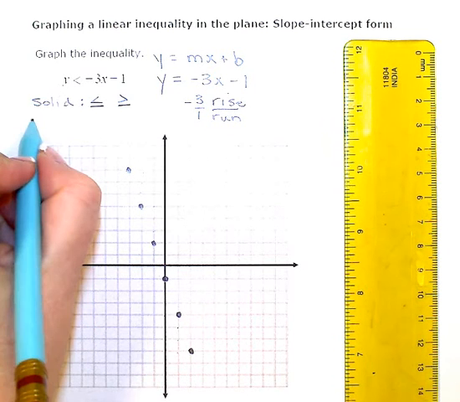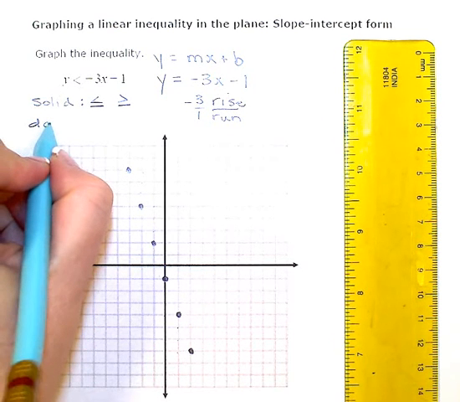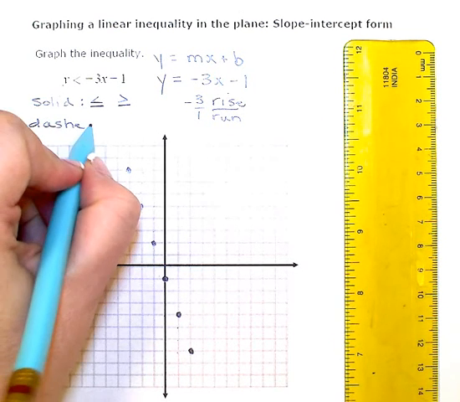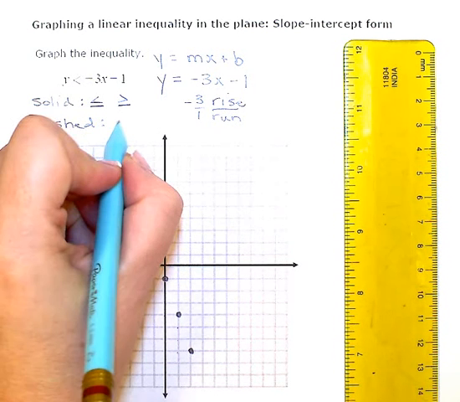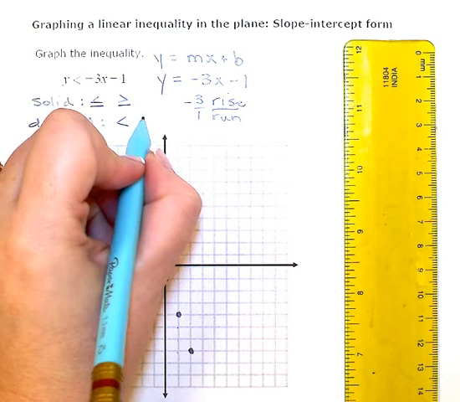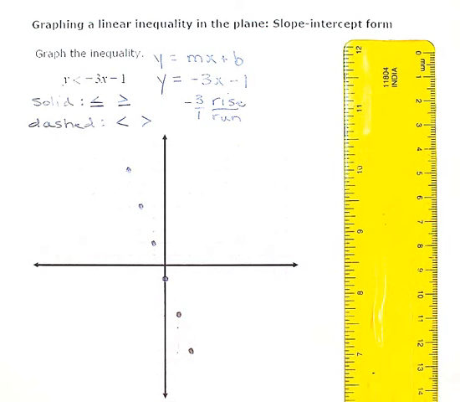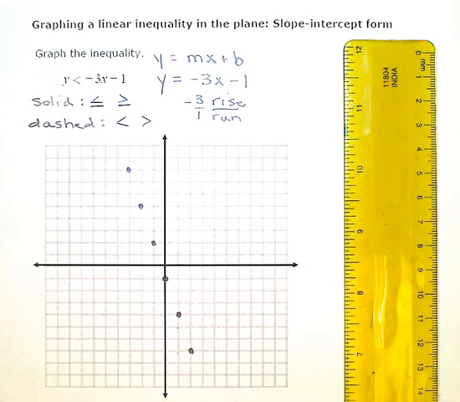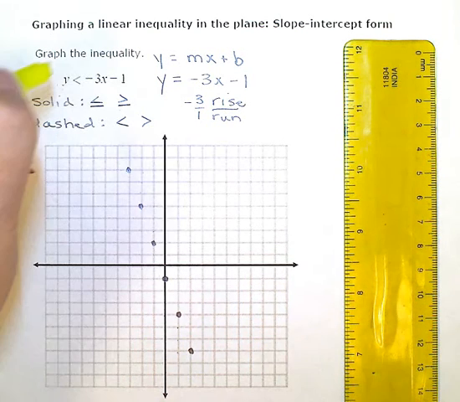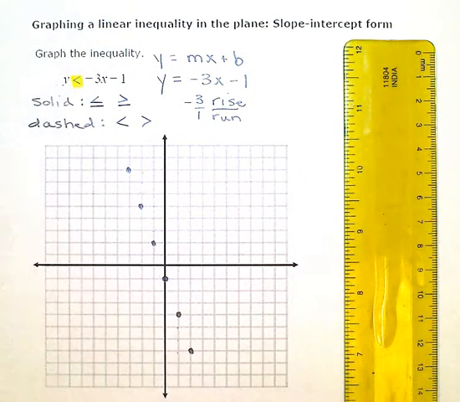And dashed or dotted lines we use when we're graphing a strict inequality, strictly less than or strictly greater than. And since the inequality that I'm trying to graph here is a less than, I'm going to use a dashed line.